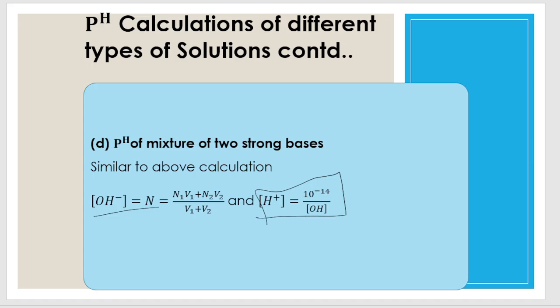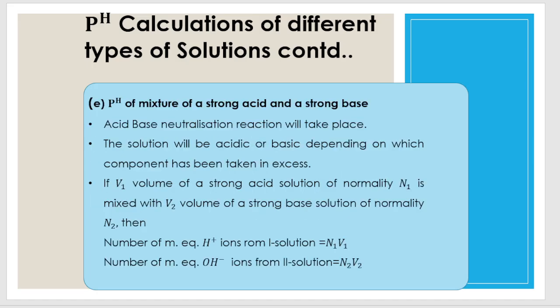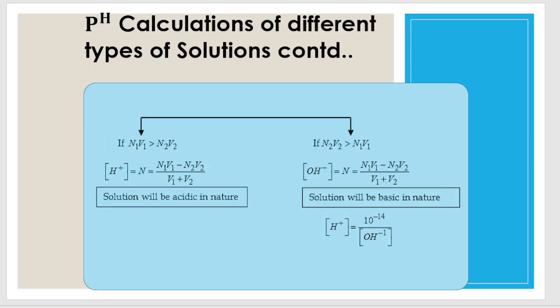That means if the concentration of the acid is more, then the base is completely neutralized, and the leftover H plus ion concentration can be calculated using the formula N1V1 minus N2V2 by V1 plus V2, and the solution will be acidic in nature.